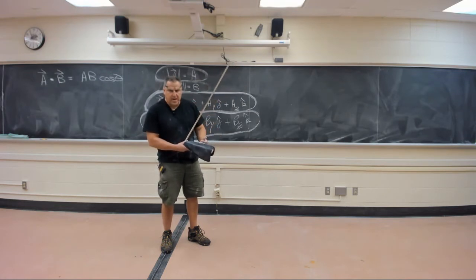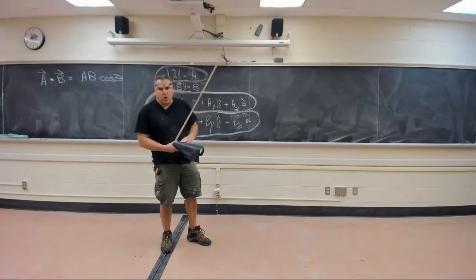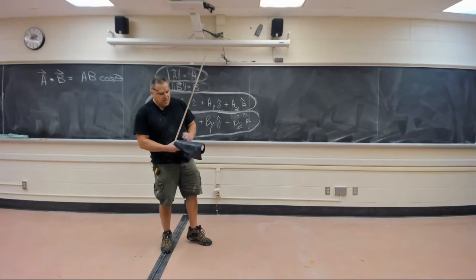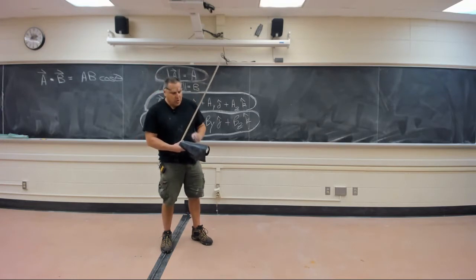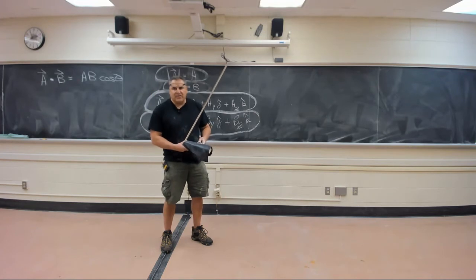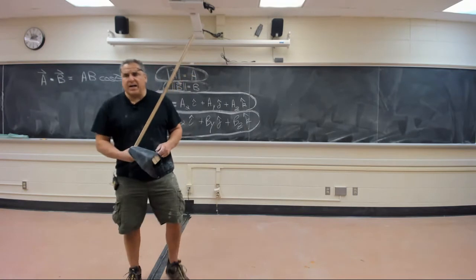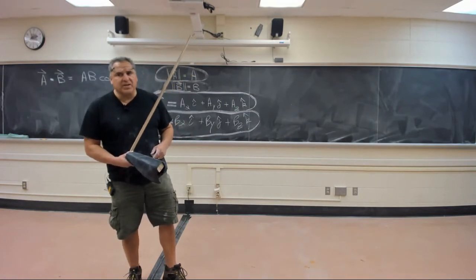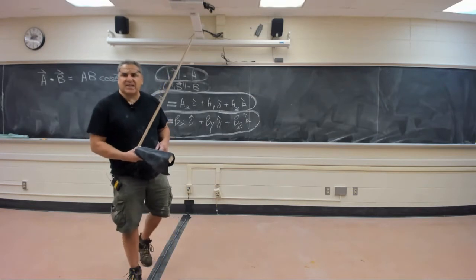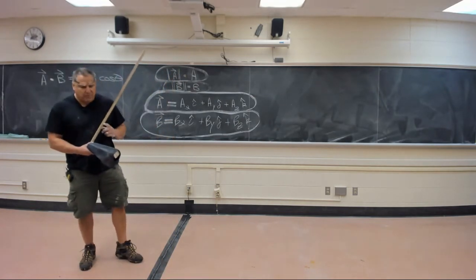10 times 3 is 30 times the cosine of, let's say there's a 60-degree angle between them. The cosine of 60 degrees, right? That's pi over 3 radians. The cosine of pi over 3 radians is the same as the cosine of 1/6 of a revolution. 1/6 of a revolution is 60 degrees. 1/6 of 2 pi radians is pi over 3 radians.